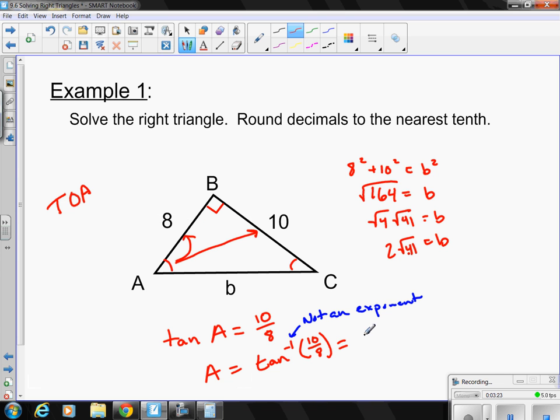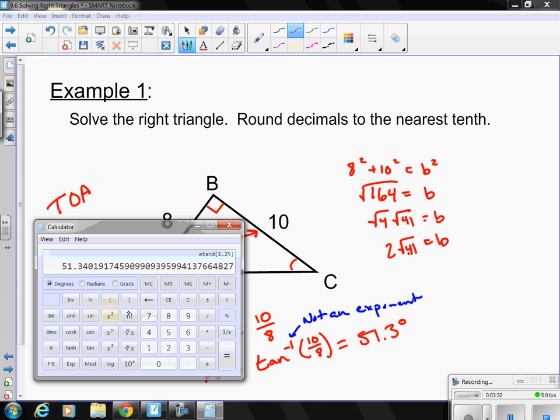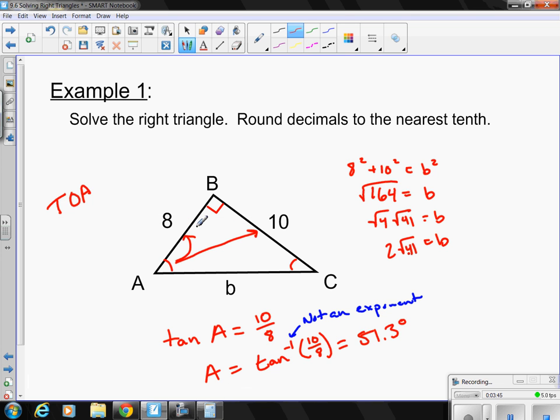And that tells me 51.3 degrees. On other calculators, you might have to hit a second button. So this inverse button kind of acts as a second. It's usually written right above your tangent button on most calculators.